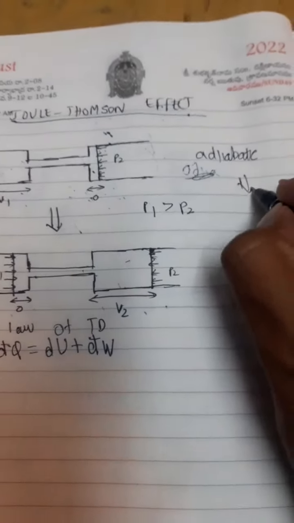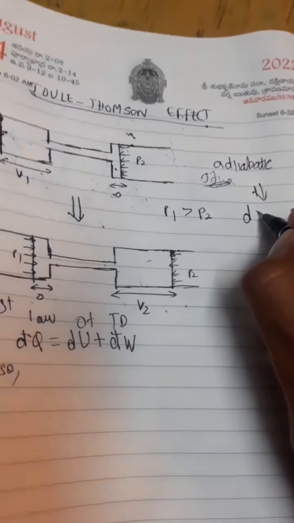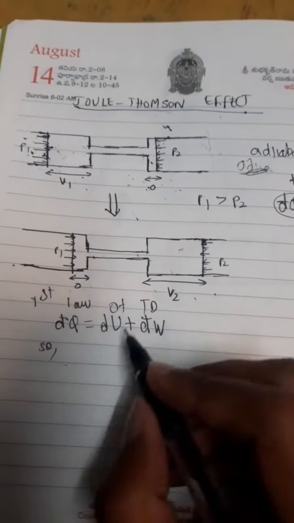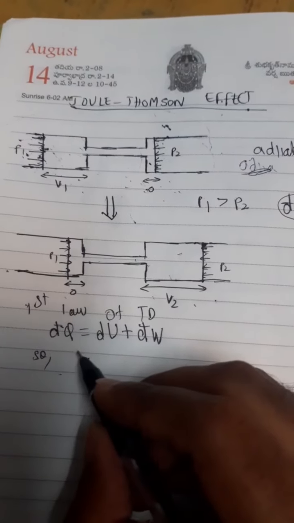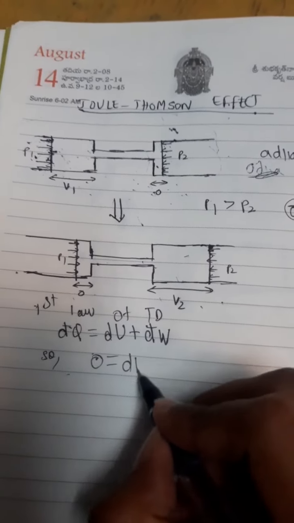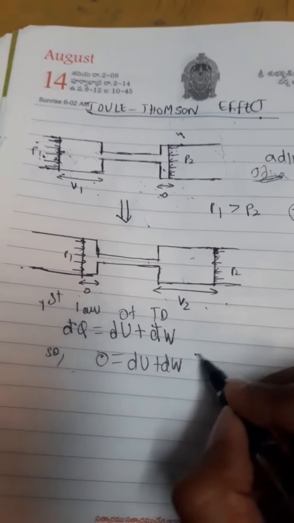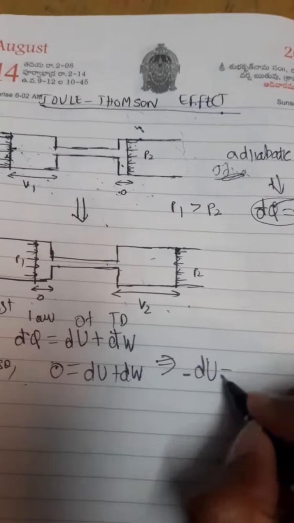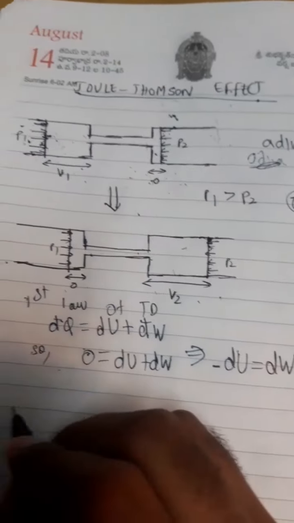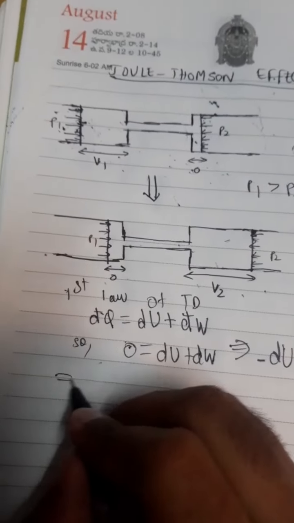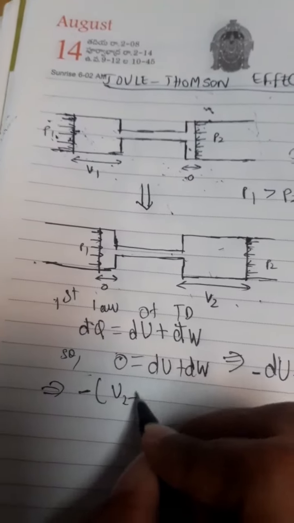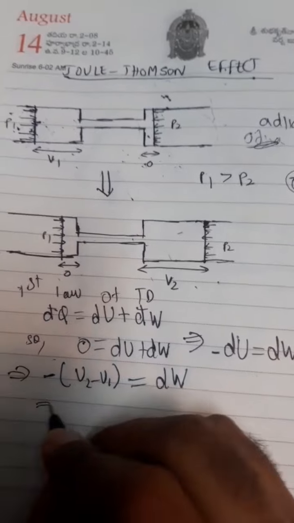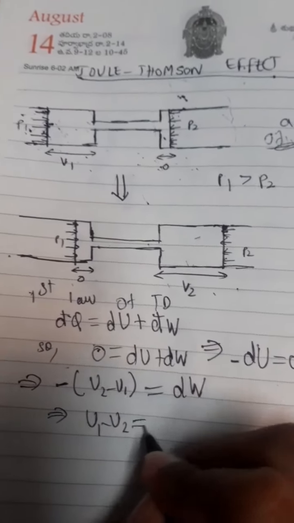So this automatically means the heat transfer is 0, so dQ is 0. Applying this we get 0 is equal to dU plus dW. So minus dU is equal to dW. Minus dU is nothing but minus of U2 minus U1, the change in internal energy, which is equal to the work done. So U1 minus U2 is nothing but dW.